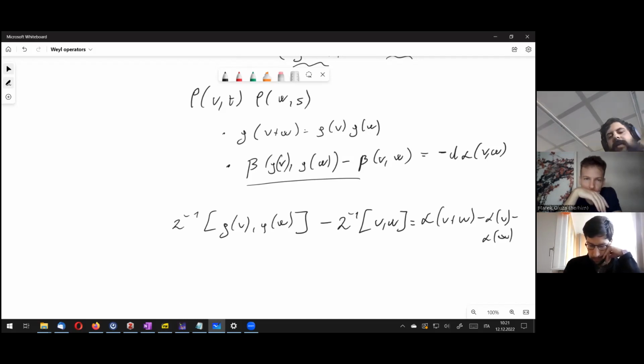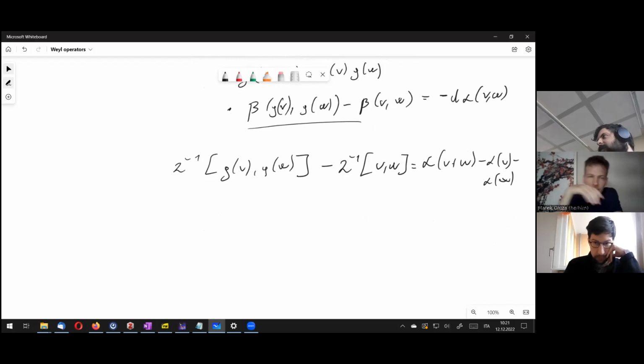Now, we can observe one thing here. The right-hand side of this equation is symmetric, while the left-hand side is antisymmetric. And that means that this must be 0.